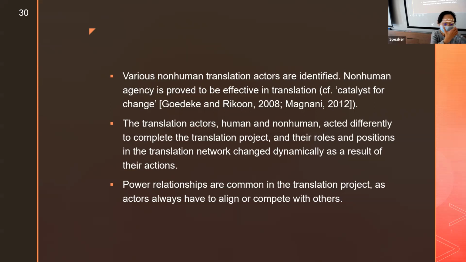For example, the publisher should be powerful enough to gather the necessary labor and resources to carry out the production of the translation, and actors such as the publisher, the translator, and the printers should be able to compete against other actors, non-human actors in this case, the war and influenza, to prevent the project from being interrupted.